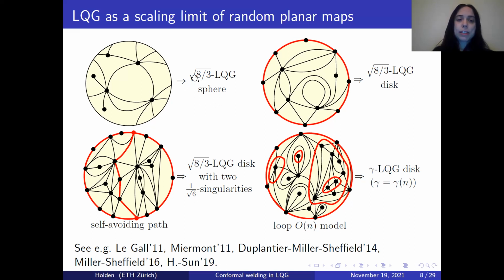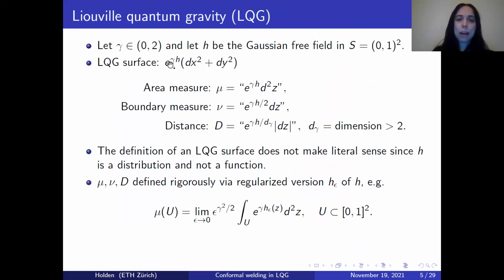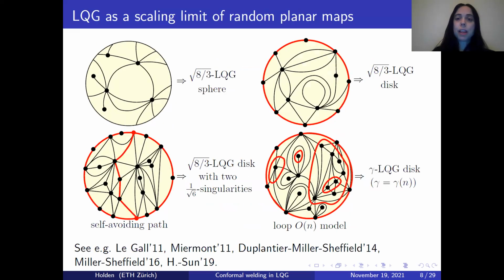To be more precise, it is the square root of 8/3 LQG sphere, which means that the parameter gamma appearing in the definition is given by the square root of 8/3. Similarly, if we sample a planar map in the disk uniformly at random among all planar maps of a given size, then it converges in the scaling limit to the square root of 8/3 LQG disk. In this figure, we are considering again a planar map with disk topology, but now we also decorate the planar map by a self-avoiding path.